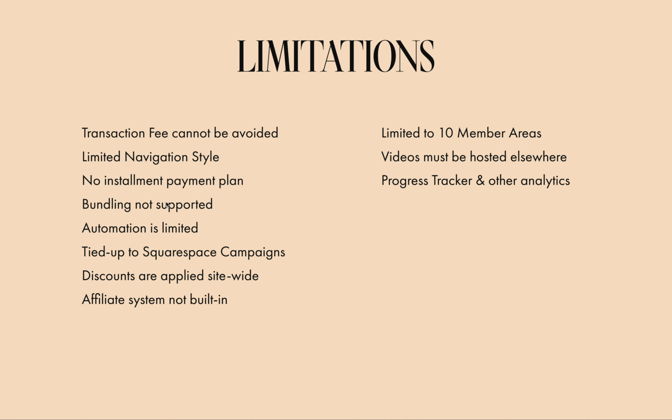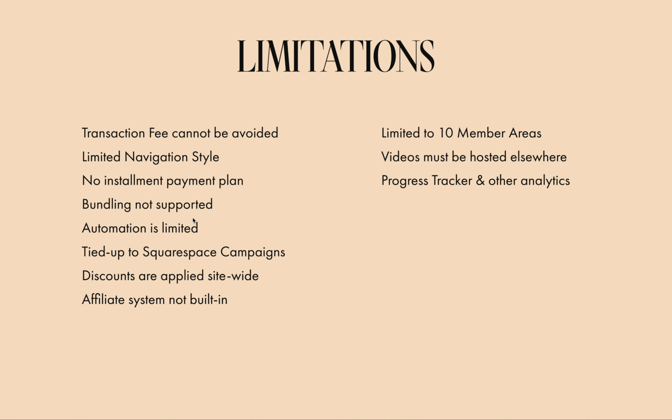And then automation is limited. It's because the Squarespace Orders API is not yet publicly available, and it makes it hard for us to create automations using Zapier. For example, if we'd like to automatically enroll or register our members, the ones who sign up for a course, to a different email software, then there's no way to do it automatically.